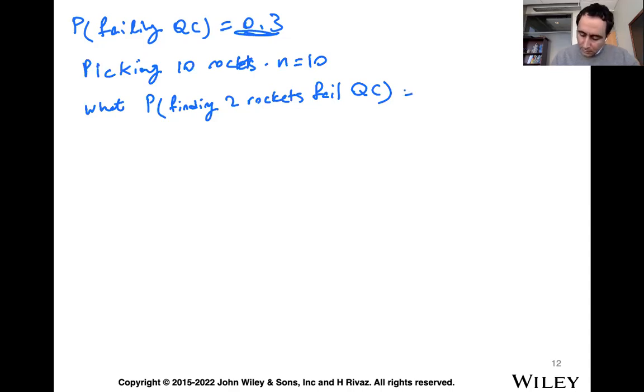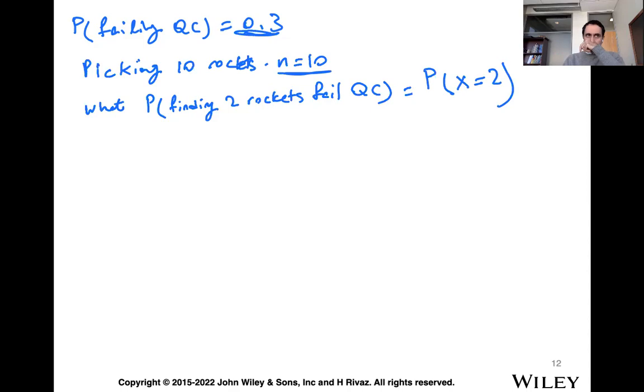So basically I say that out of n trials, I want my X to be 2, right? In this experiment, every rocket has a 30% chance of failing.